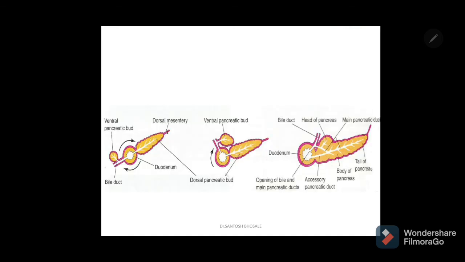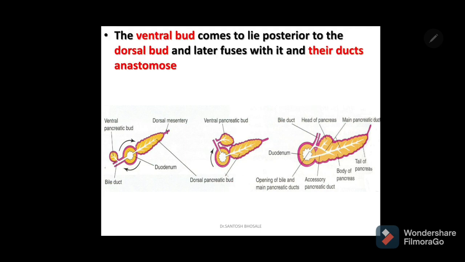And due to rotation of the stomach and duodenum and axial rotation of the duodenum, which carries the ventral bud towards the dorsal pancreatic bud, that we have already discussed in the context of the development of the duodenum, you can see the ventral bud comes to lie posterior to the dorsal bud and they fuse. This is the dorsal bud and this is the ventral bud, and this is the duct of the dorsal pancreatic bud, that's the duct of the ventral pancreatic bud.